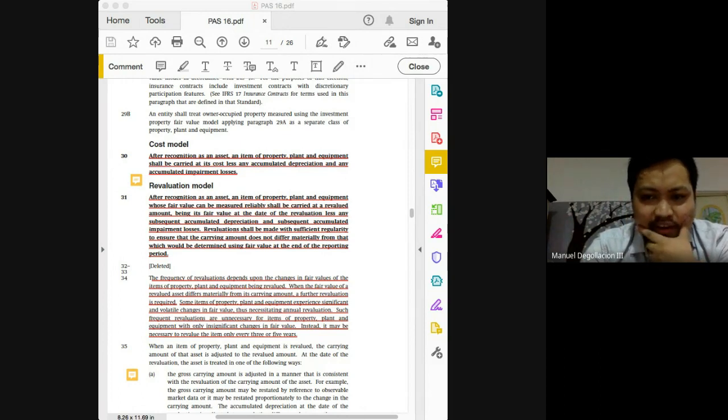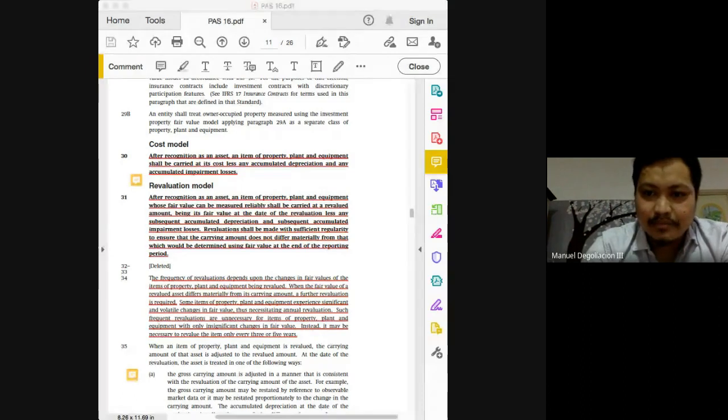Under the revaluation model, restatement to its fair value is done, based on the standard, only with sufficient regularity, only when there is a significant change in the fair value. It is not to be done annually. So again, what do we do under the revaluation model and the fair value model? We restate the carrying amount so that it will reflect the fair value of the asset.